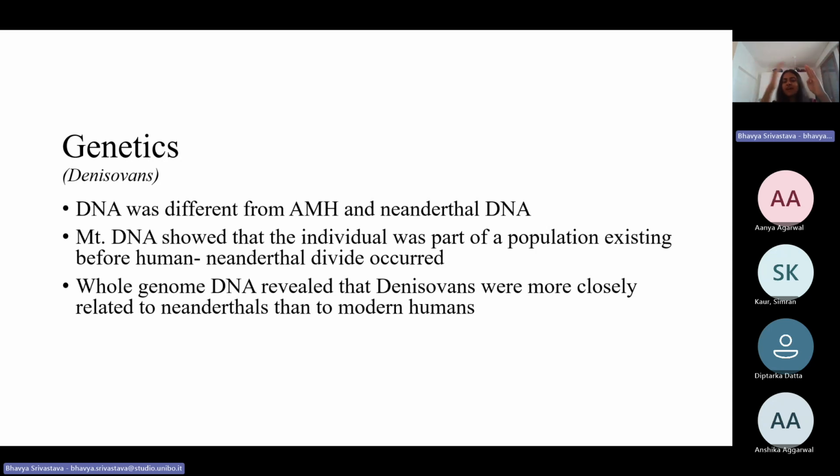So you have humans and Neanderthals, but the ancestor of humans and Neanderthals would have branched off from the Denisovans long ago. Whole genome DNA analysis, not the mitochondrial but the entire DNA, revealed that Denisovans were more closely related to Neanderthals than they were to the modern humans.